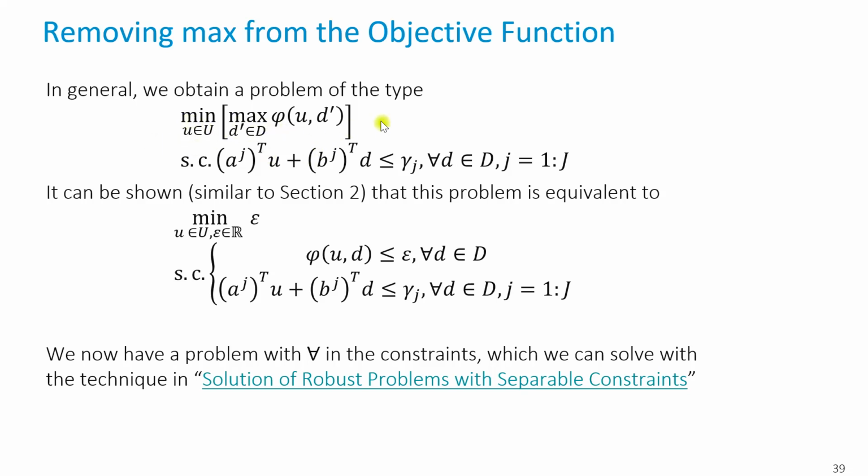It turns out that we have seen already the solution. We have seen last week that when I have to minimize a cost function, and the cost is a max of a number of functions, then we could replace the max by an epsilon, and the constraint that epsilon is larger than all the values of the terms of the max. Last week, we saw it when there is a finite number of terms in the max.